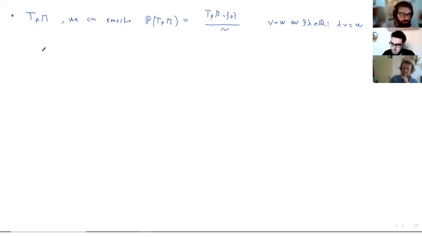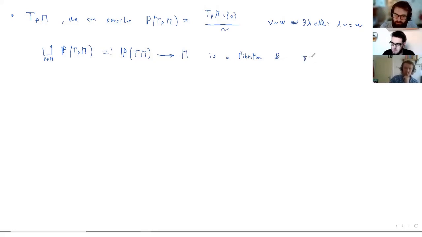And now, of course, you can consider the union of all of this. And this, guess what, is what we call the projectivization of the tangent fibration. And of course, this map is what you imagine it to be, right? This is a disjoint union. You just send to the correct point. So this is a fibration.